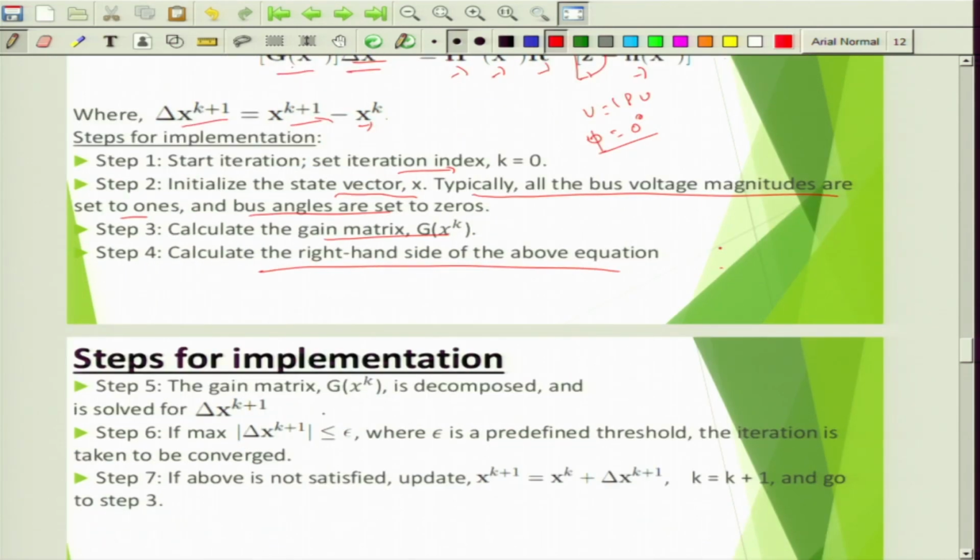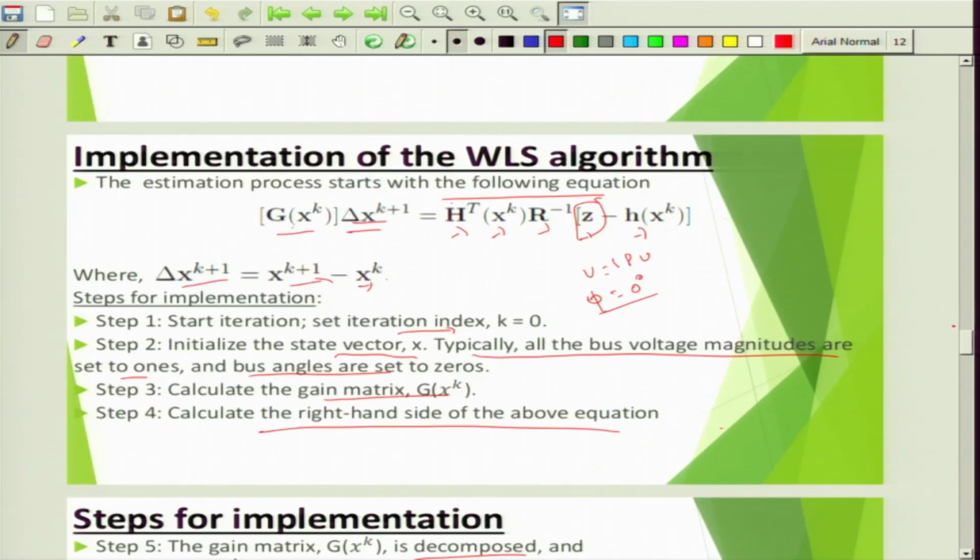The gain matrix G of x_k is decomposed and solved for delta x_k+1. Ultimately you need to find delta x_k+1. You know G of x_k, you know the right hand side, find delta x_k+1.